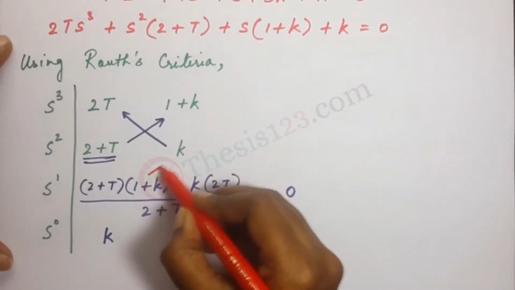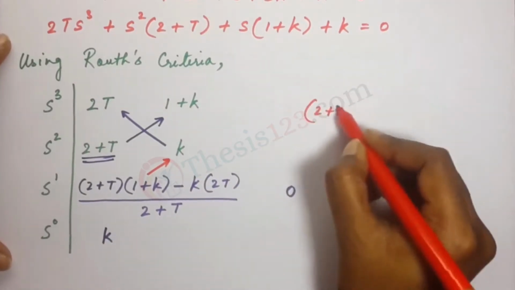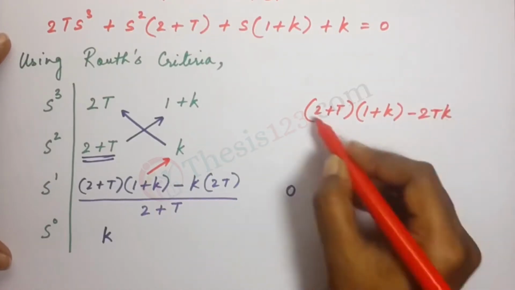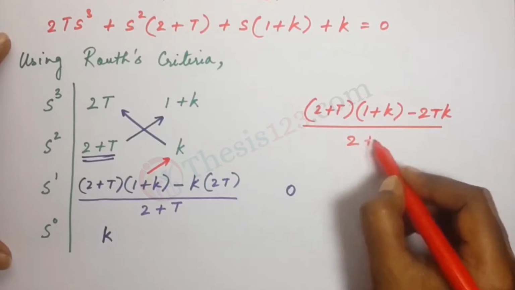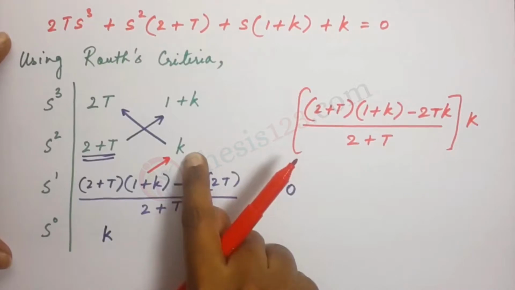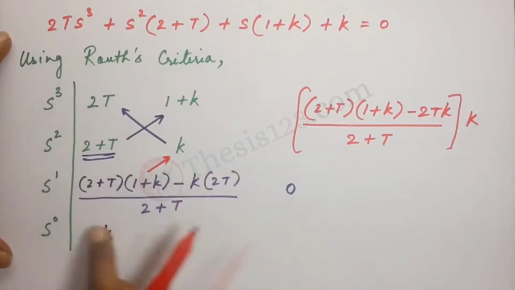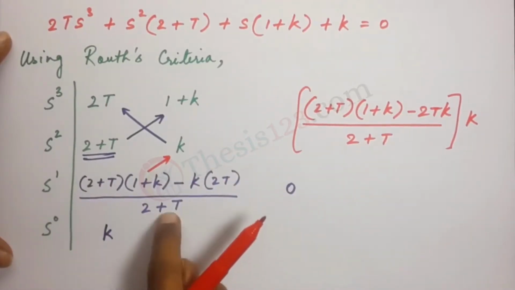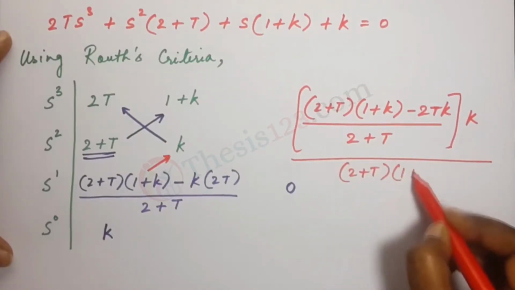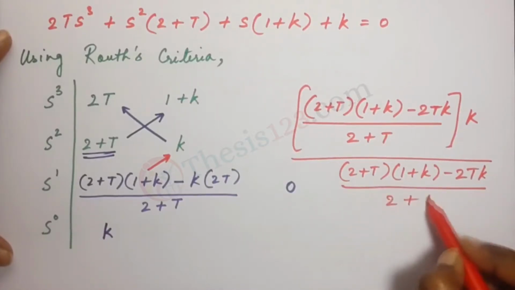So first, that's 2 plus t into 1 plus k minus 2tk divided by 2 plus t, this whole term into k, minus 0. 0 into that is anyway 0, divided by this entire term, because that's what we're starting with, divided by 2 plus t into 1 plus k minus 2tk divided by 2 plus t.